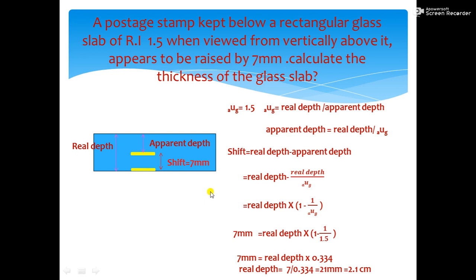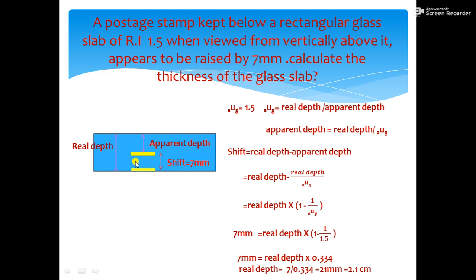Hope it is clear. What is the concept of real depth and apparent depth? When an object placed in a denser medium is viewed from a rarer medium, it appears to be at a depth lesser than its real depth. That means if the object is in the denser medium and viewed from the rarer medium, the apparent depth is always less than the real depth.